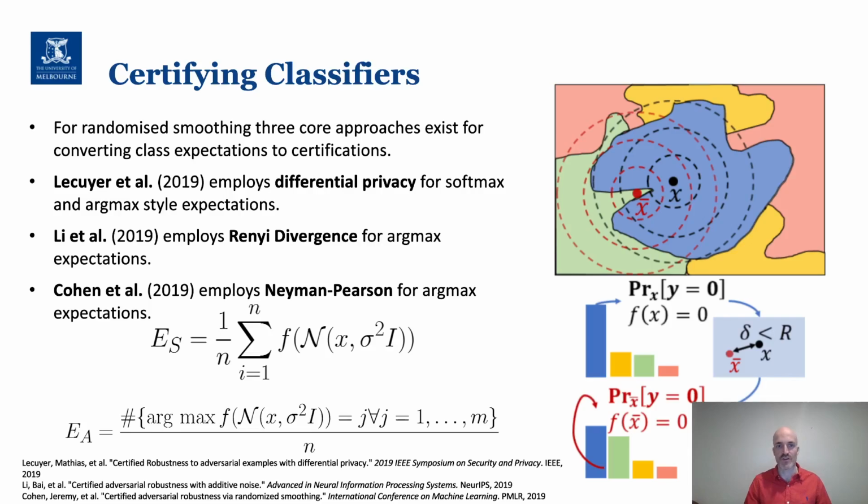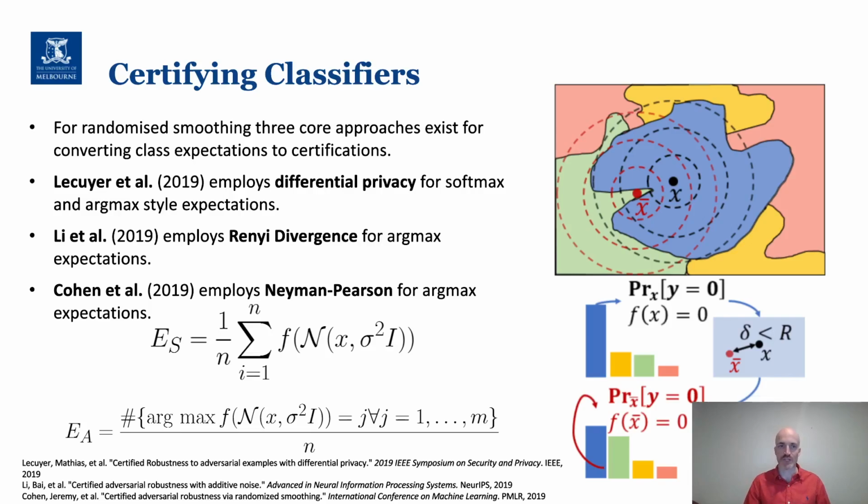Lee proposed an improvement to LaCoya's approach by instead using the Renyi divergence, although their approach is specific to argmax style expectations. And similarly, Cullen proposed further improvements over both Lee and LaCoya through the use of the Neyman-Pearson lemma, and again, their approach only applied for argmax style expectations.